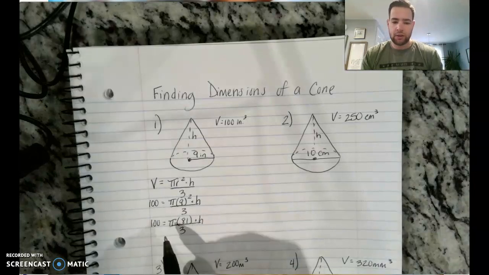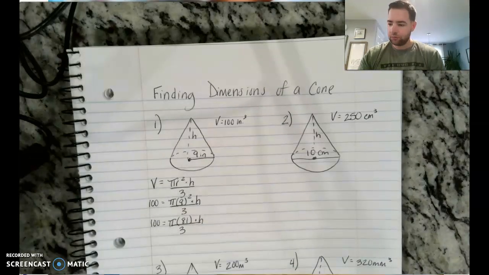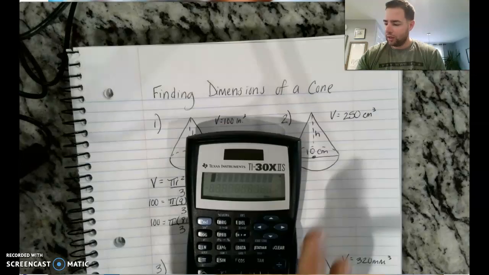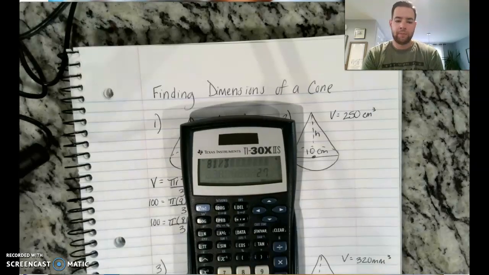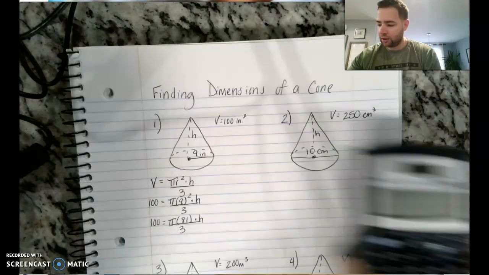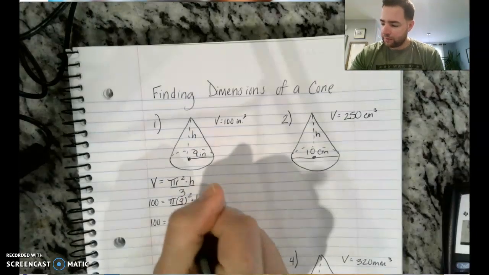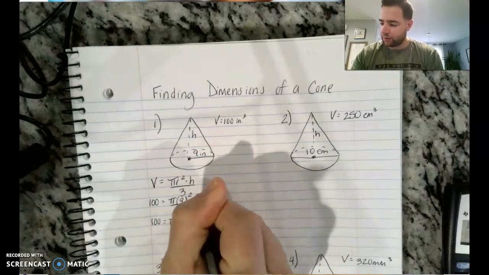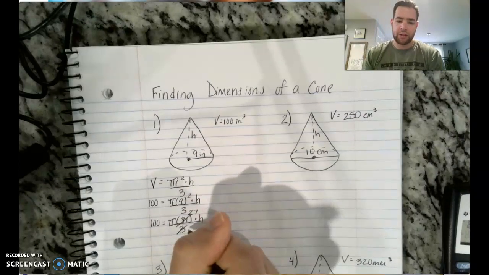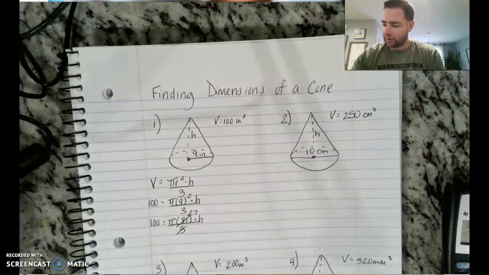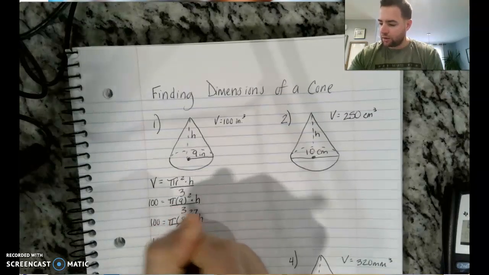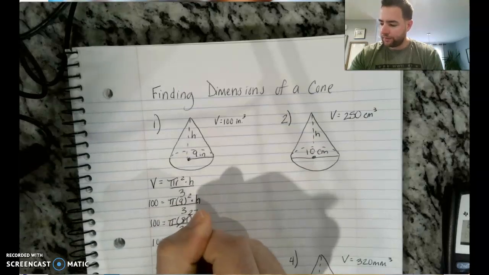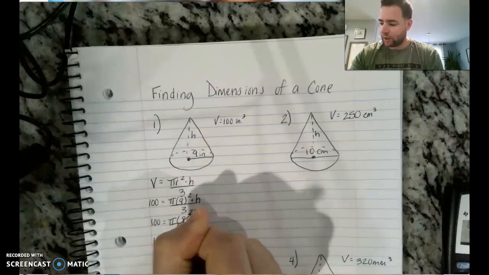So in my calculator, 81 divided by 3, let's see if that simplifies to a whole number. It does, we get 27, so I'm going to simplify 81 to 27, and 3 just becomes a 1, I'm just going to cross it out. And then I'm going to rewrite that I have 100 equals pi times 27 times h.